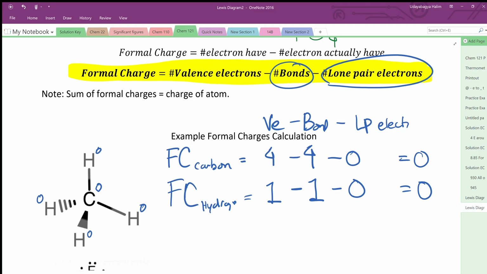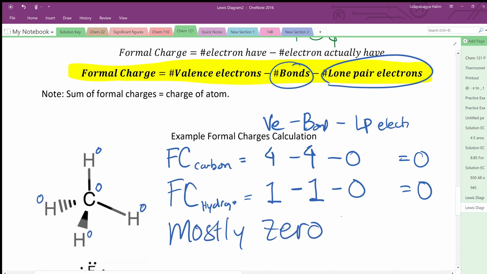In fact, the best Lewis diagram will have mostly 0 formal charge. And if you want to know whether an atom has 0 formal charge, you just need to know its preferred number of bonds.